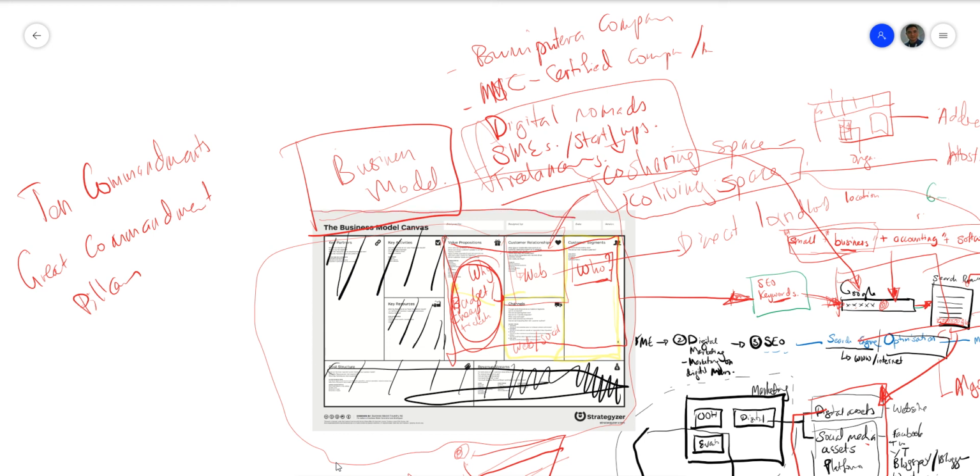But it goes back to that. If you are struggling with answering the question, who's your customer segment, how you're going to communicate to them, your channels. Let me change this to a different color. Right? What channels are you using to speak to them? The relationship you want to foster with them. Are you offering a private consult? Are you offering a virtual consult?